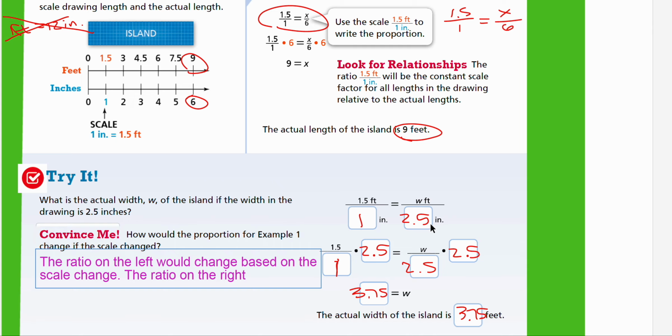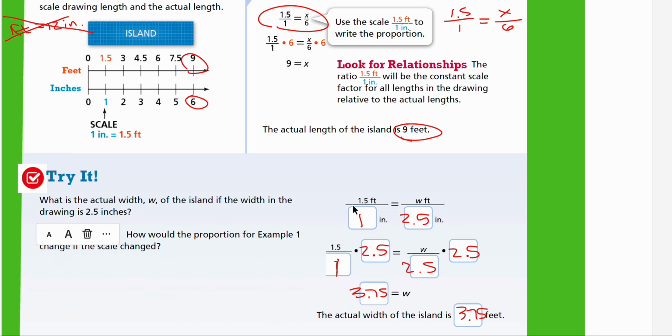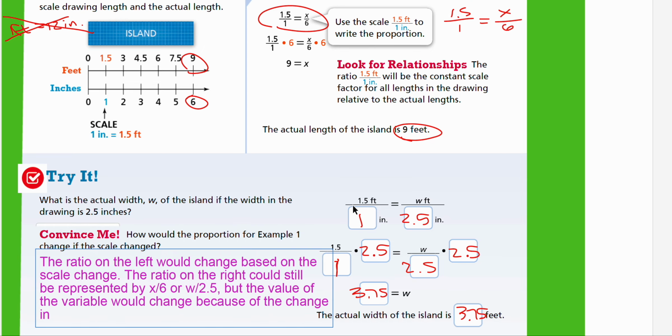So the ratio on the right could still be represented by x divided by 6. Your actual answer will change, but it could still be represented by x divided by 6, or W divided by 2.5 in our try it. But the value of the variable would change because of the change in scale.